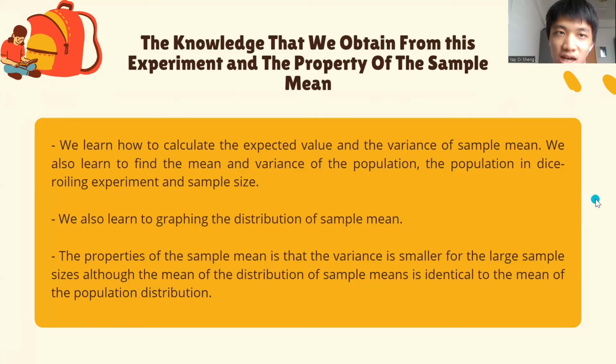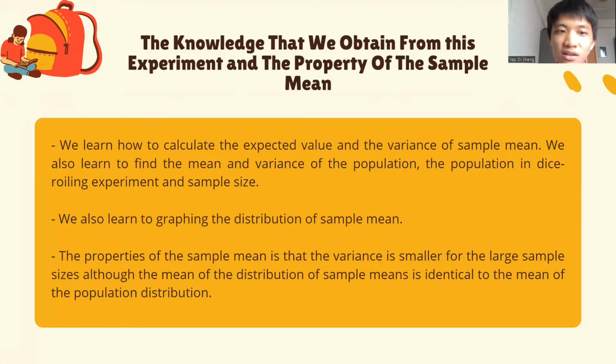Next, I want to explain the knowledge that we obtained from this experiment and the property of the sample mean. In this experiment, we learned how to calculate the expected value and the variance of the sample mean. We also learned to find the mean and variance of the population in the dice rolling experiment, and the sample size.